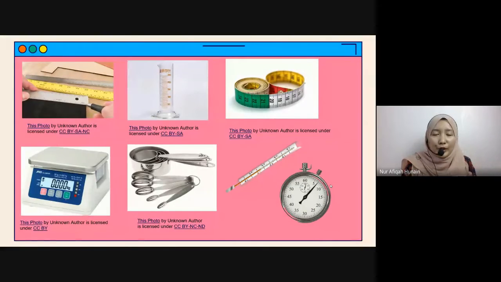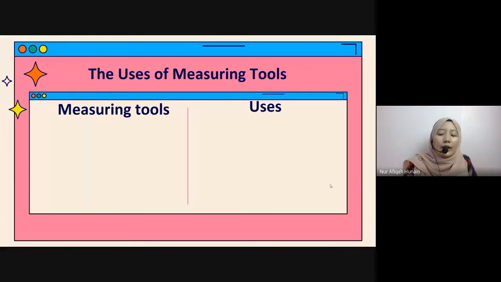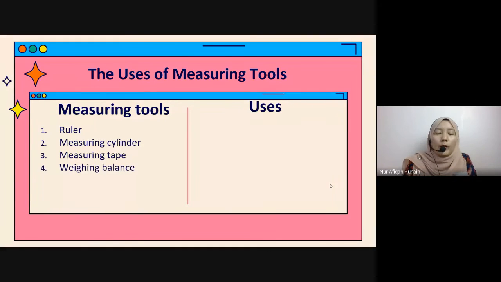This is measuring tools. Next we go to the uses of different types of measuring tools. Let's look one by one. Ruler. What are the uses of a ruler? We have ruler, measuring cylinder, measuring tape, and weighing balance.